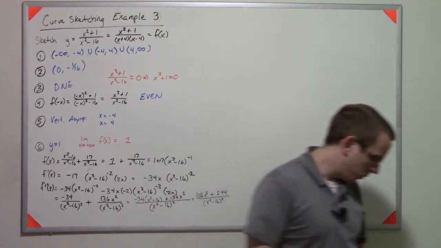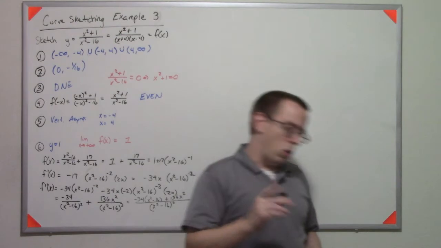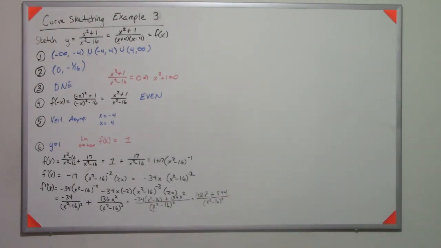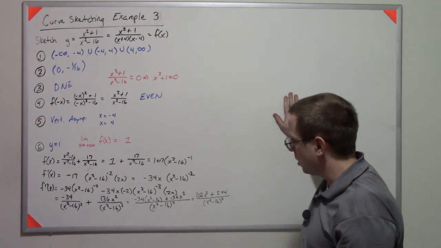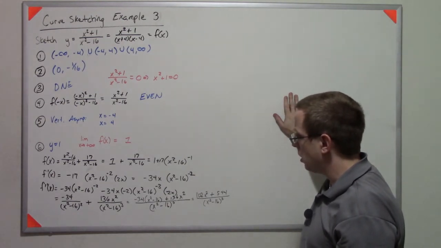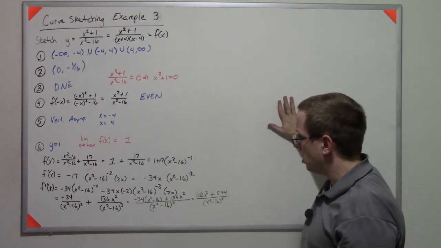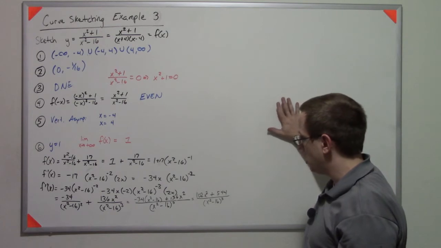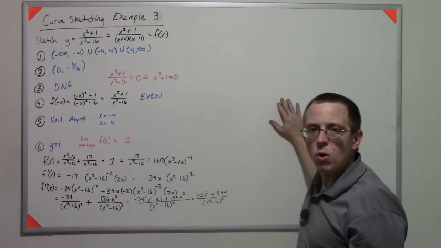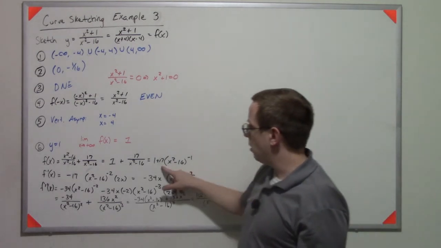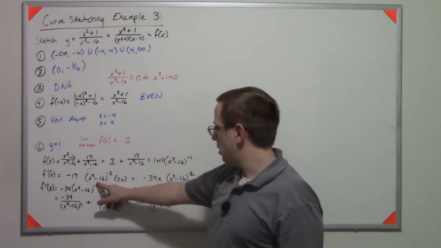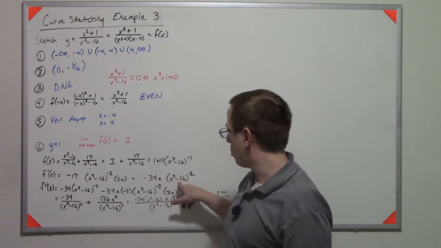All right. We take one moment here. Something seems wrong here. So when we take the derivative here, we get a negative 17. This 2x, you get negative 34, no problem.